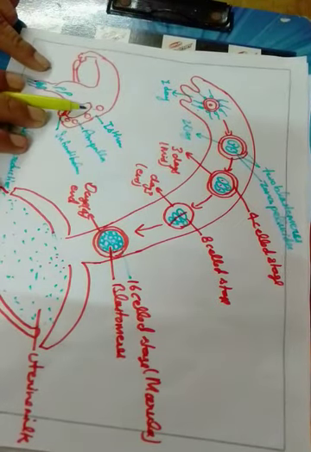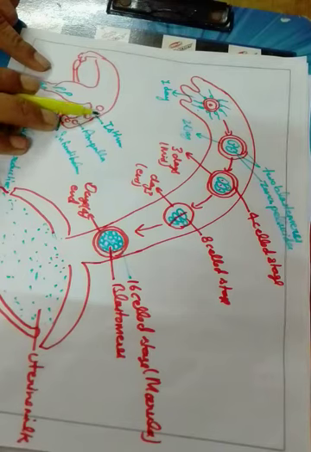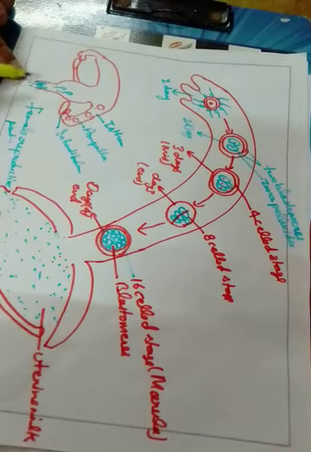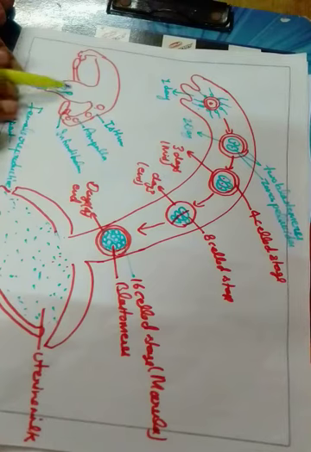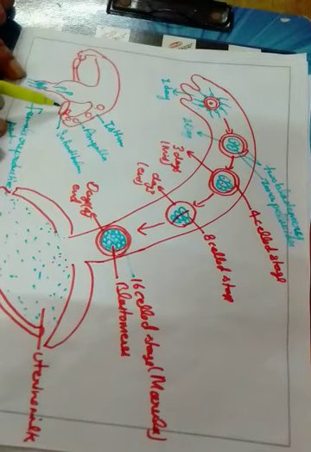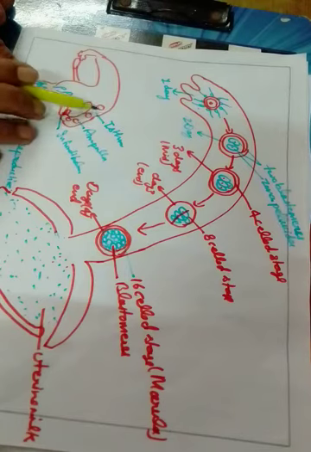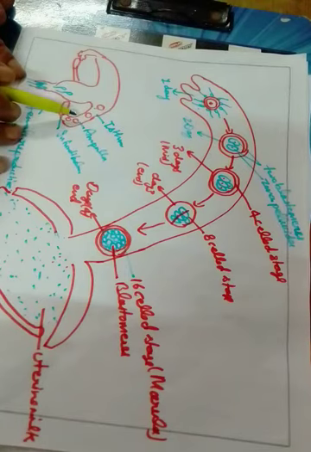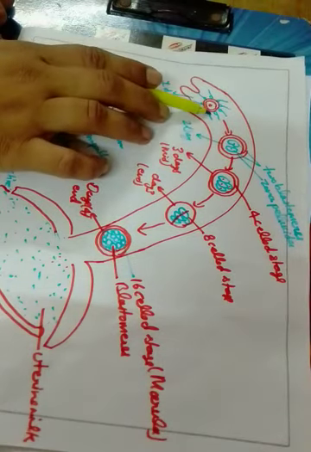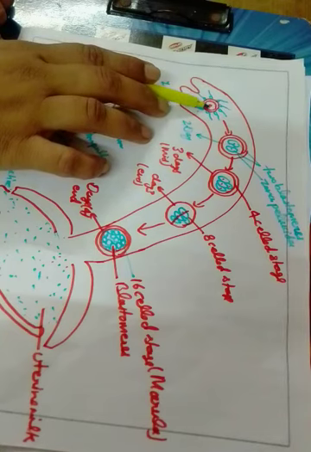Fertilization is here, the junction of isthmus and ampulla, and the sperms enter from the extragenital organ, it means the vagina. Sperms enter from the vagina to the fallopian tube, and the egg comes from the ovary during the ovulation period.